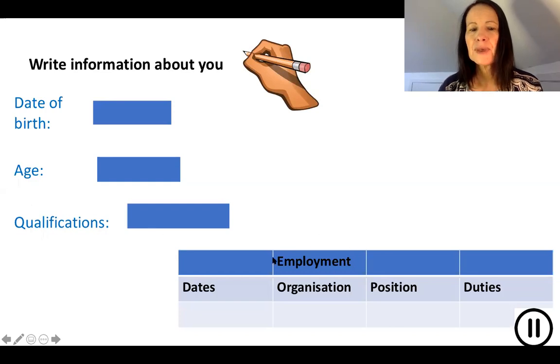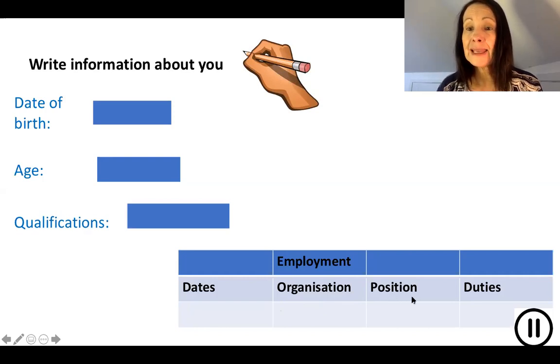And here we have employment. This is about you. Do you remember from before the dates that you worked, the years, the name of the organization or company that you worked for? What was your position?